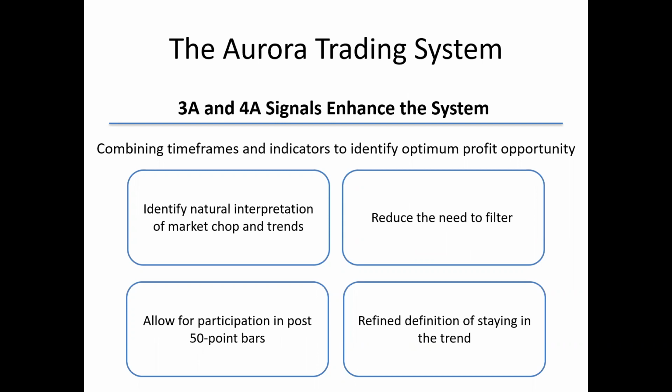All right, so 3A and 4A are signals that have always existed within the Aurora trading system, but we have not taught them. When we rolled out the Aurora trading system, we initially rolled it with the 3 primary trading signals that we've been discussing here for the last 3 months in the live trading room.